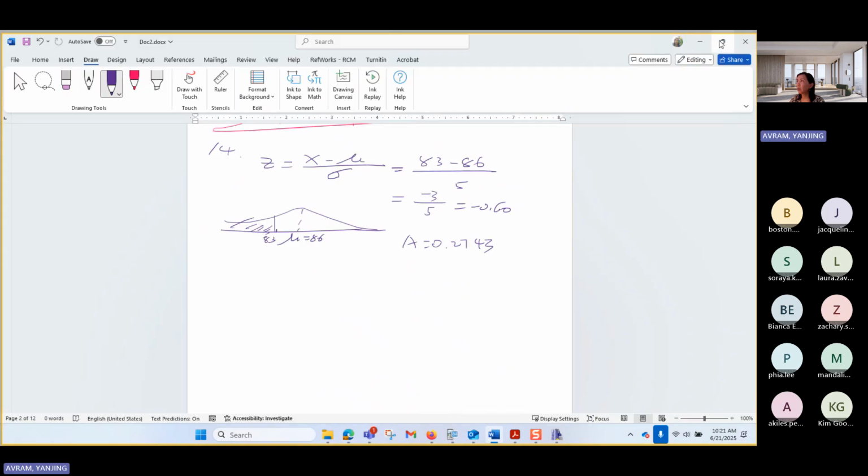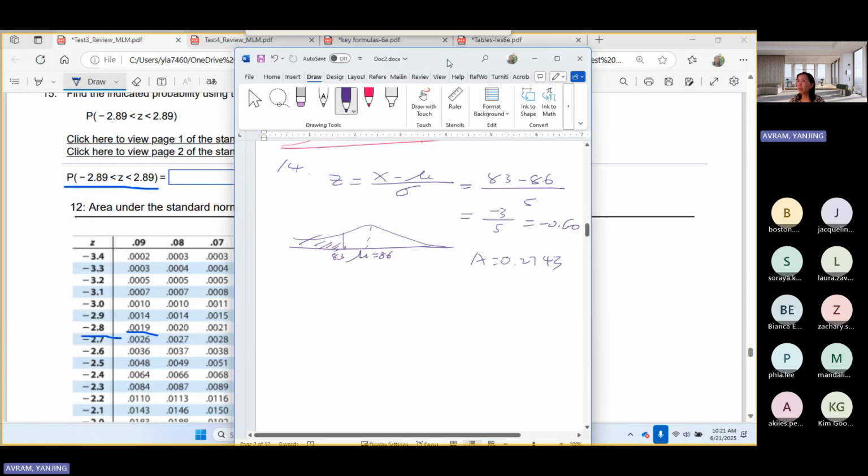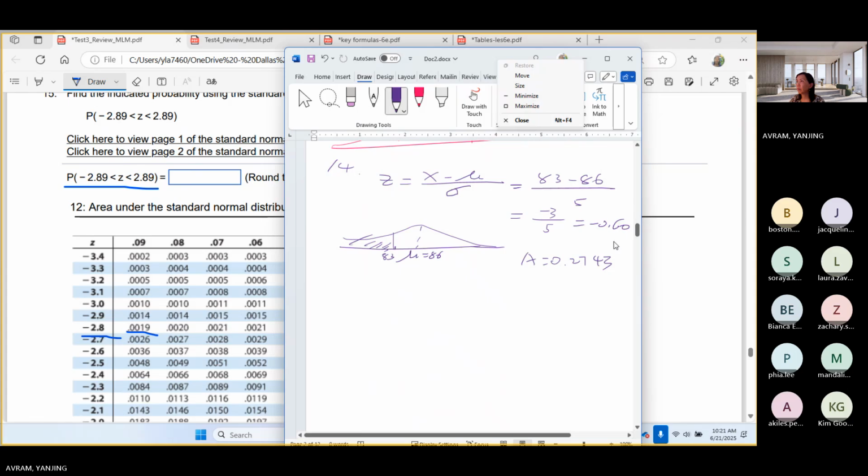Okay, let me give you a little bit of graphing. The z-score in the middle is 0. Okay, this is the z-score, right? And then +2.89.